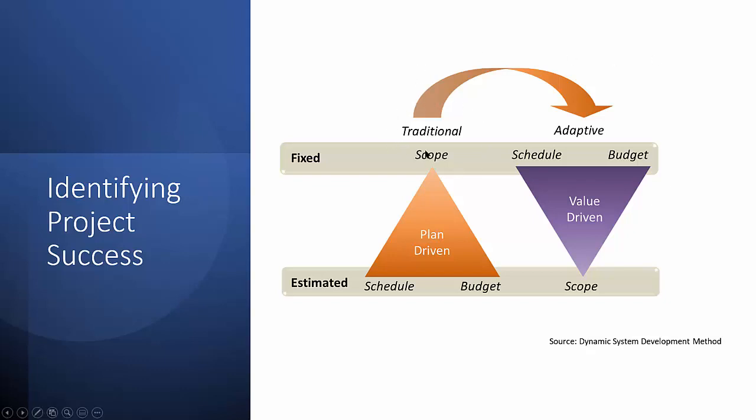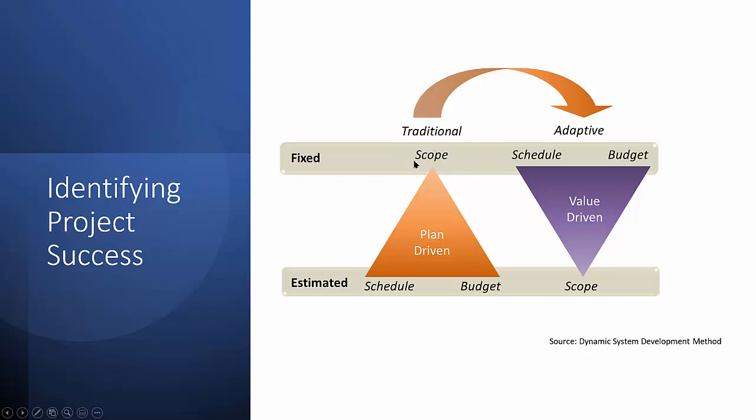And these two triangles represent, first of all, a traditional approach, which is scope-based. So if scope is your key priority, then of course you might choose a plan-based approach to deliver that scope. And this would be the area for predictive approaches.